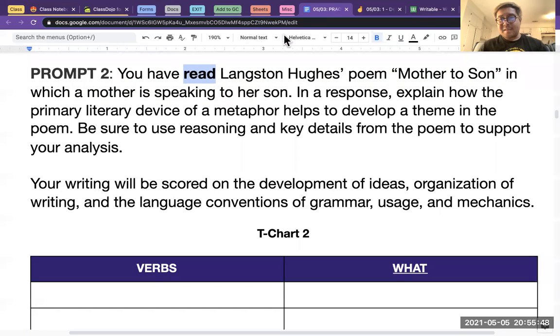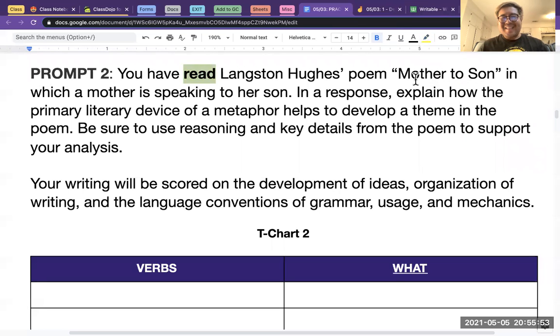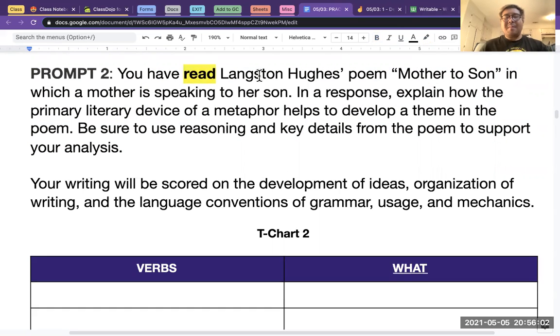Let's circle that in yellow. And I will choose that. Okay, so right now I have a question on this word. Remember, we're reading the prompt first before we read the text. So when you're reading the prompt before you read the text or the passage, is this word right here, R-E-A-D, present tense or past tense?